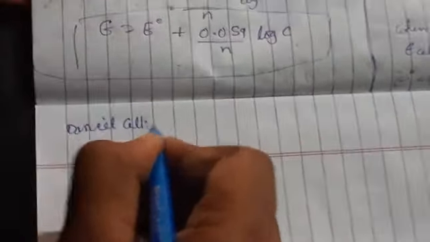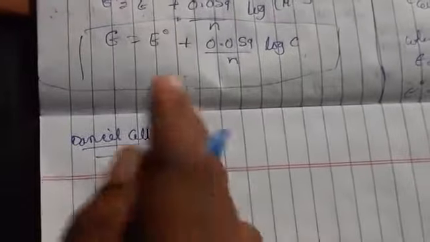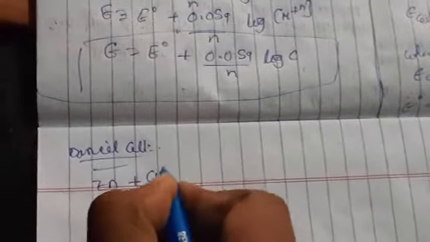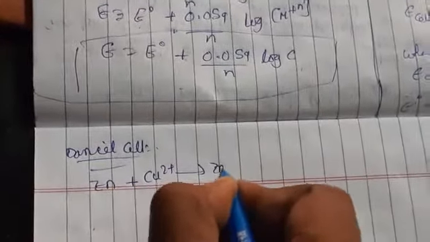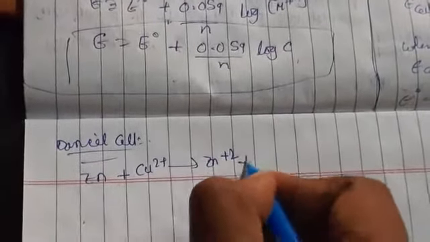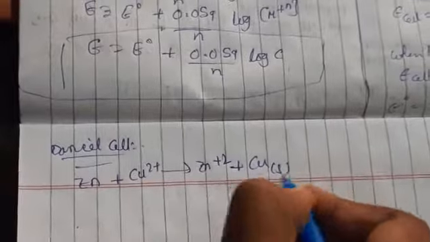What is the galvanic cell? The Daniell cell is an example of it. Let us consider the reaction Zn plus Cu2+ gives rise to Zn2+ plus Cu.